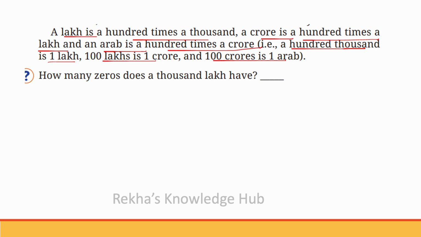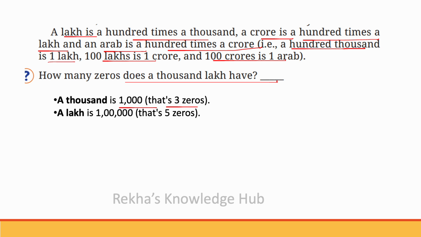How many zeros does 1,000 lakh have? See, 1,000 is 1,000. How many zeros are there? 3 zeros. Then how do you write 1 lakh? 1 lakh is 100,000. How many zeros are there? 5 zeros.